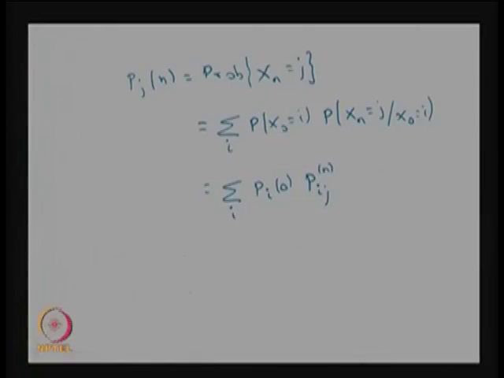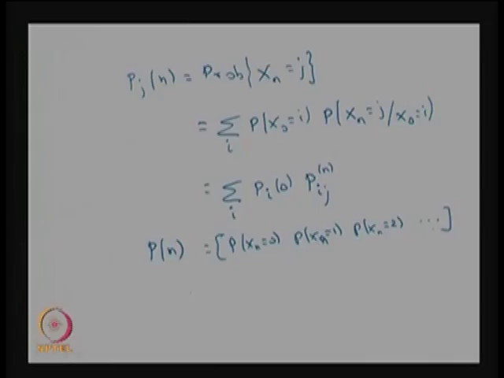Therefore, in matrix form, I can give the p of n. The p of n is nothing but, in the matrix form, the distribution of X n, or this is nothing but the vector which consists of where the system will be at the nth step. So, this is nothing but the probability that in the nth step the system will be in state 0, or in state 1, or in state 2, and so on.